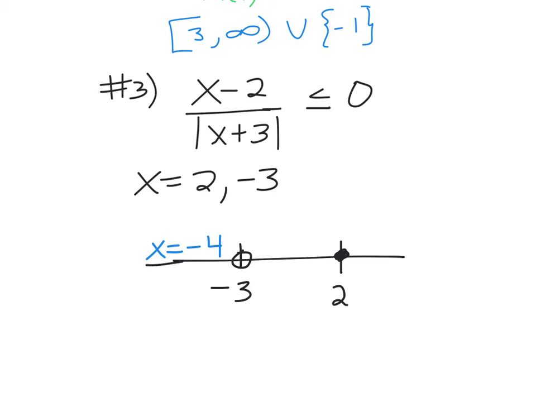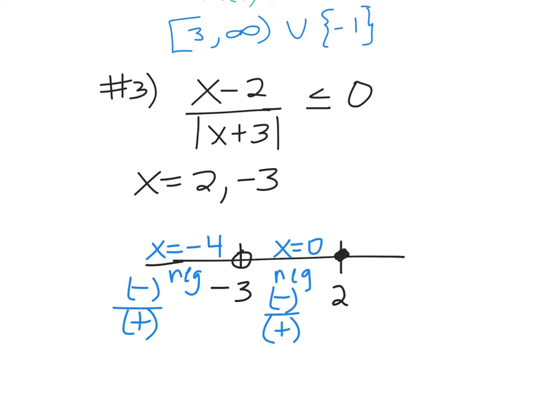When I plug negative 4 into this function, I get a negative over a positive. The bottom's always positive, so that gives me a negative. Then we plug in 0. We like to plug 0 in. And I get a negative over a positive again, so that's going to be negative.